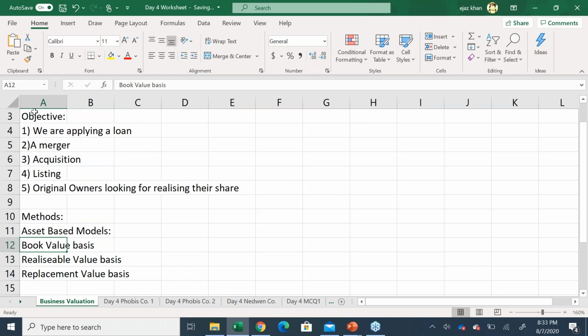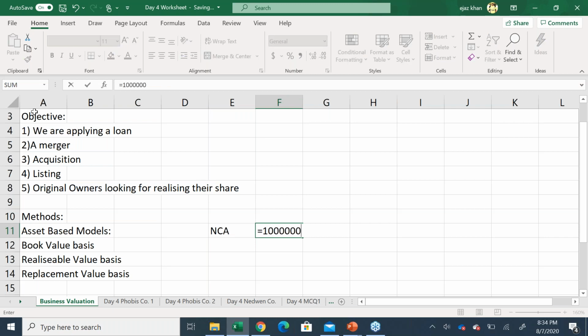We can value a business based on the assets that we have in the business. For example, a business has non-current assets, including building, equipment, machinery, vehicles, fixtures, furniture. Let's say these assets were purchased for $1 million, and up till now we have charged a depreciation of, let's say, $200,000.